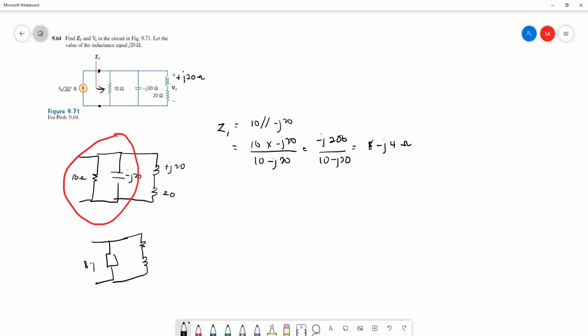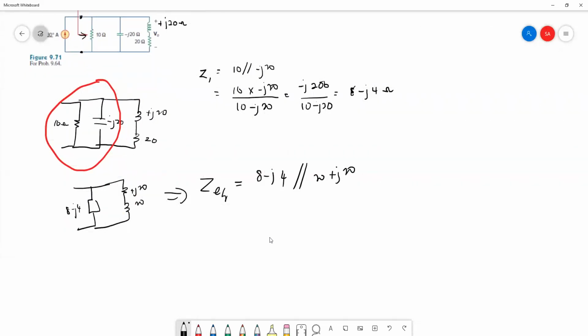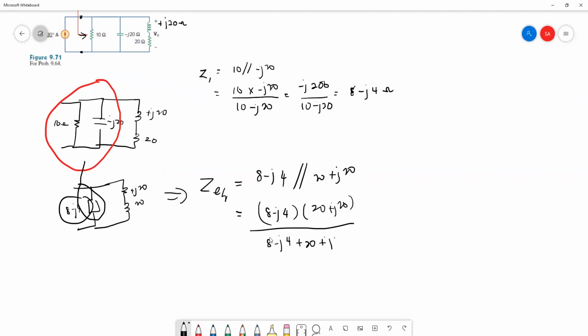Then, after you have done that, this is 8 minus J4, this is plus J20, this is 20. So finally, the Z equivalent is 8 minus J4 parallel with 20 plus J20. So this is 8 negative J4 multiplied with 20 plus J20 over 8 negative J4 plus 20 plus J20.